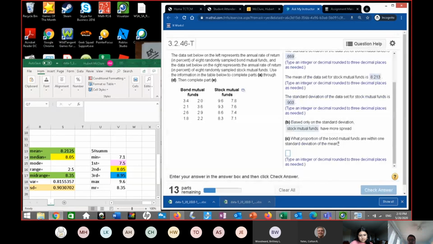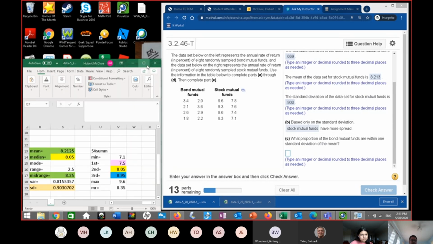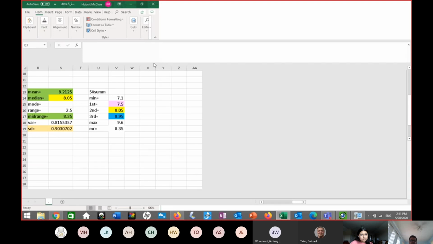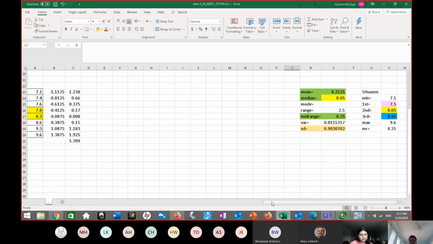What proportion of the bond mutual funds are within 1 standard deviation of the mean? Okay, then we're going to have to do our numbers. I'm going to do it on the spreadsheet.